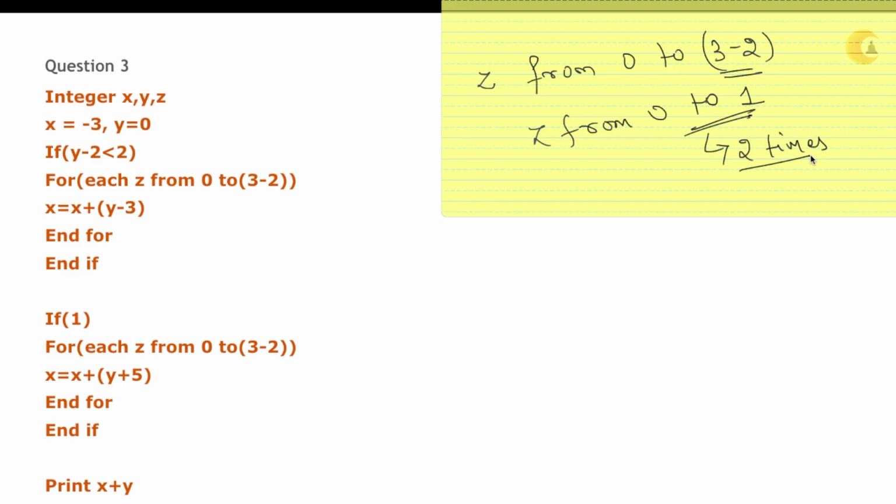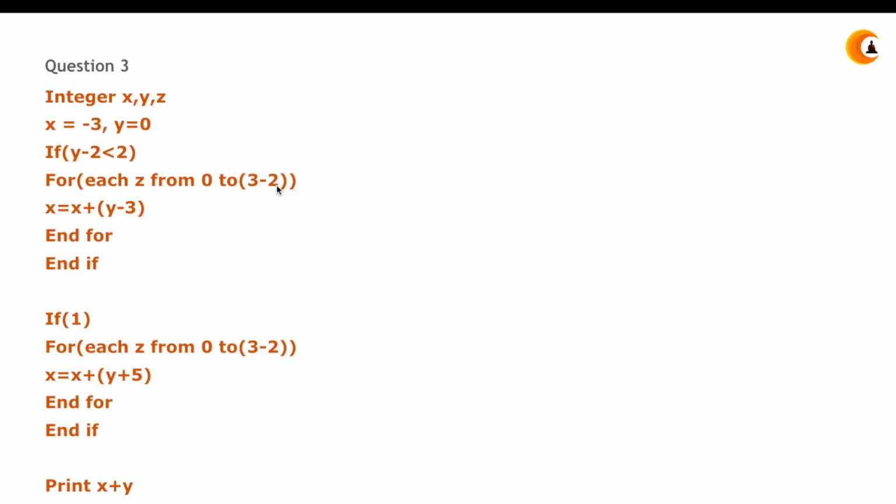Why? Because if I ask you to count from 1 to 10, you will start counting from 1, you will end at 10, right? So both the numbers will be inclusive. Thereby, if it is from 0 to 1, both the numbers are inclusive, so the loop will run 2 times. Clear? So both of these loops will run 2 times.